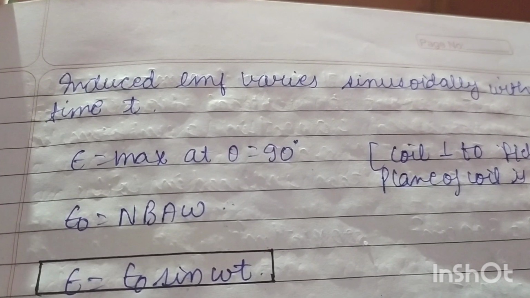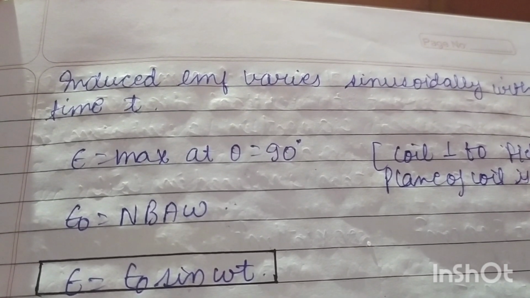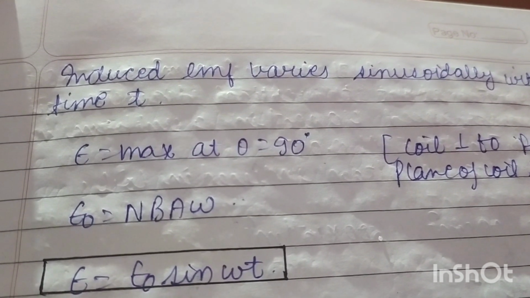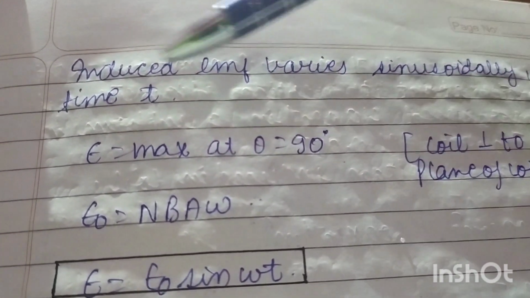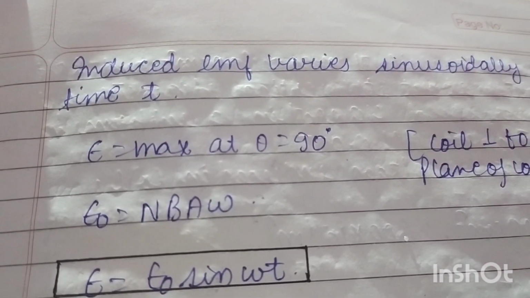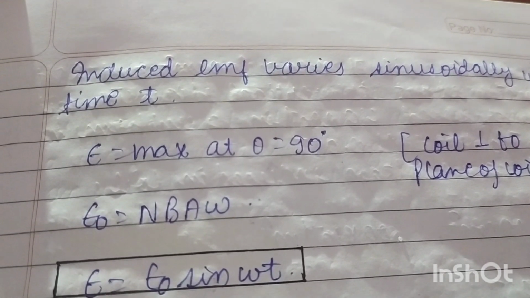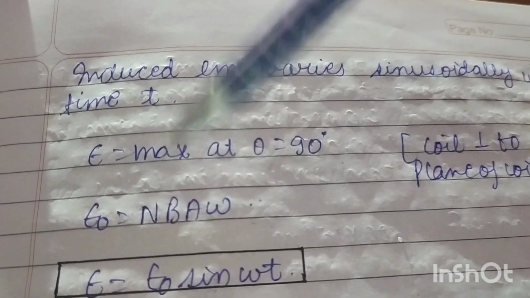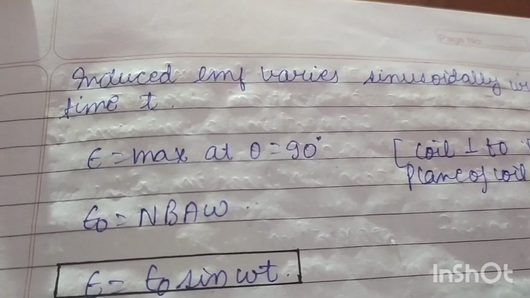So what will be the value of the maximum EMF? The maximum EMF is denoted by E naught, and its value is N B A omega. So now we write this EMF as E equals E naught sin omega t.